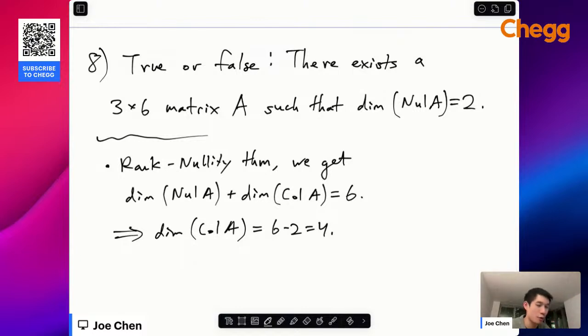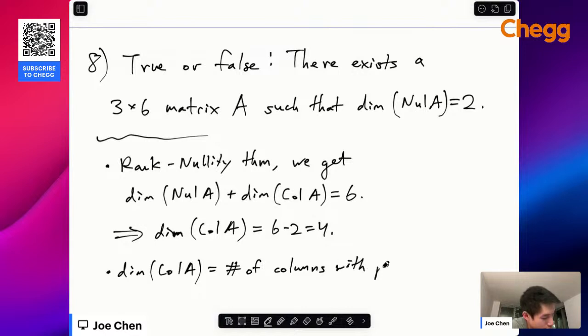But now we need to think, what is actually the dimension of the column space? The dimension of the column space is equal to the number of pivots.